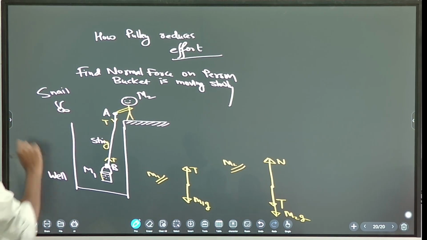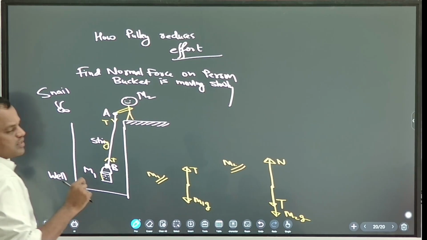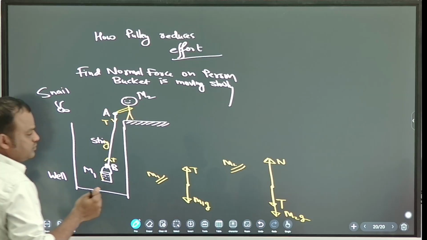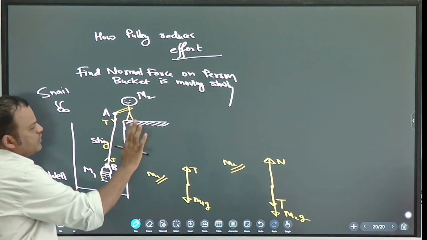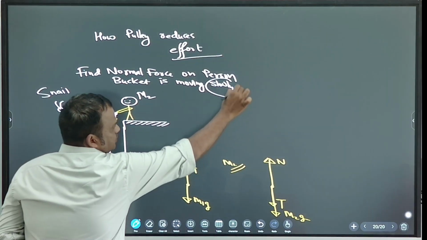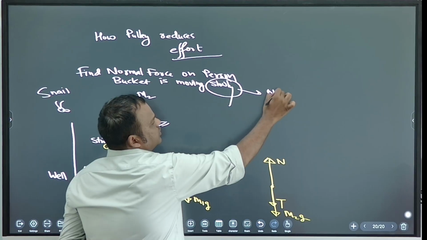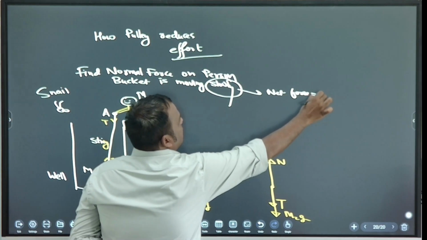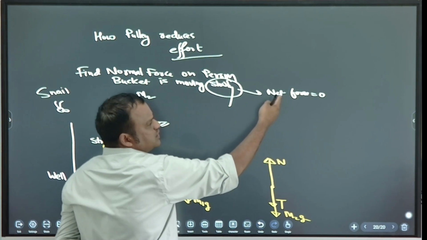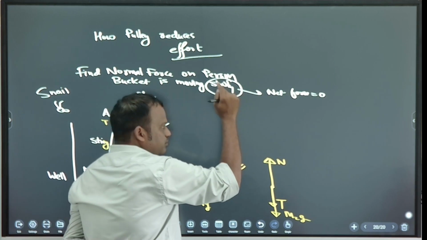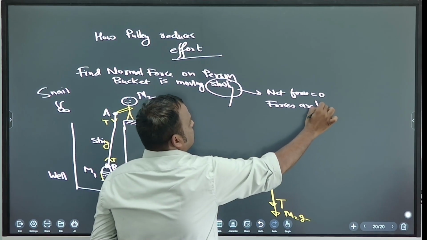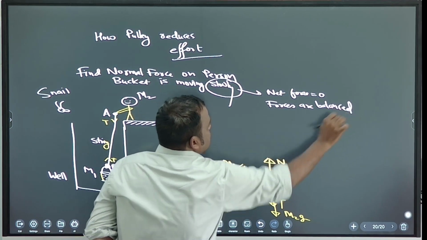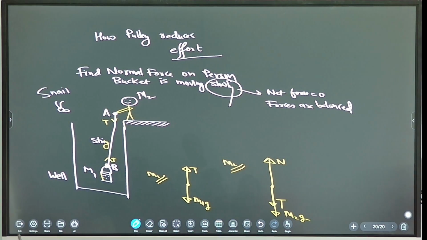If something is moving slow, it means what? Net force zero. Forces are balanced. Remember, slow movement is balanced force.